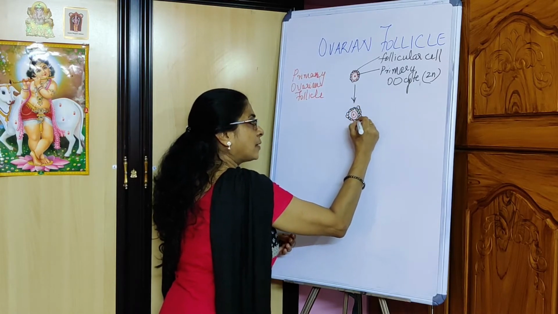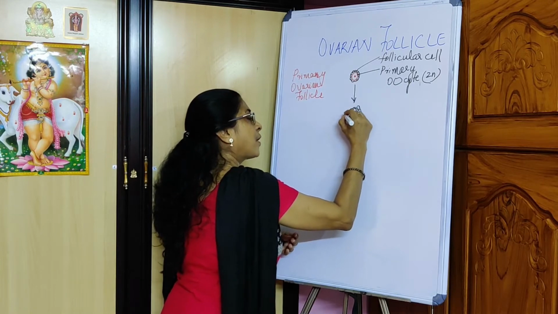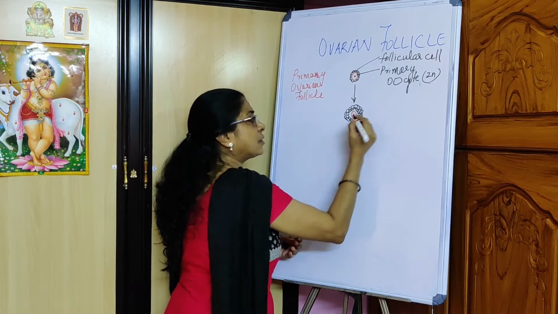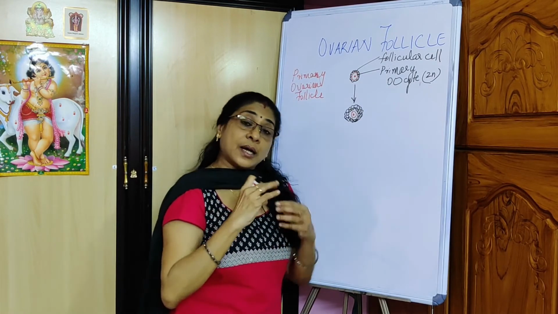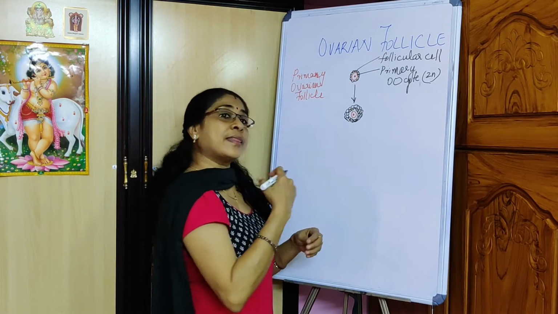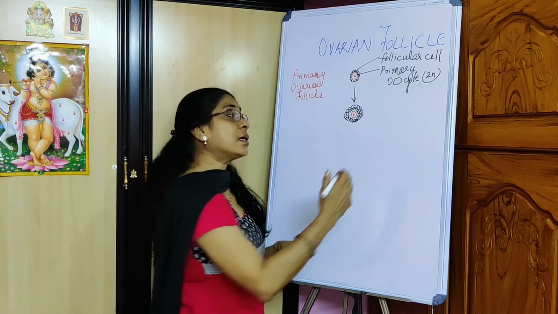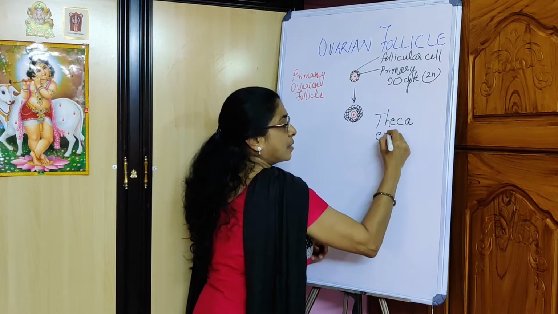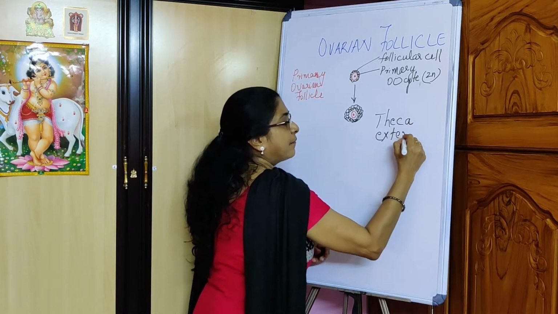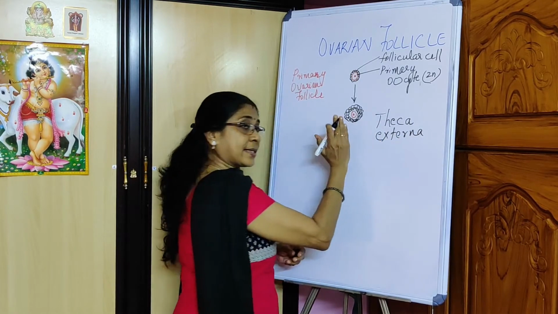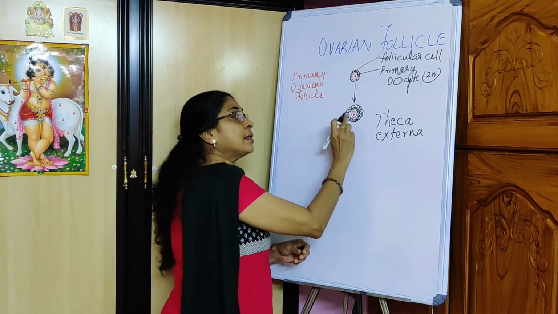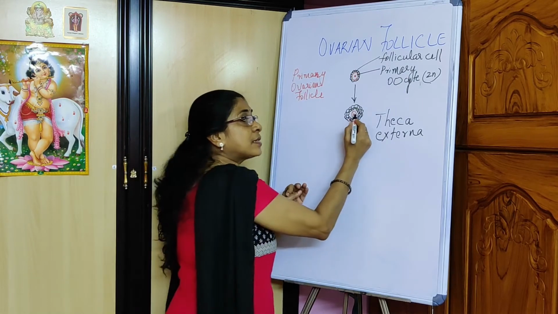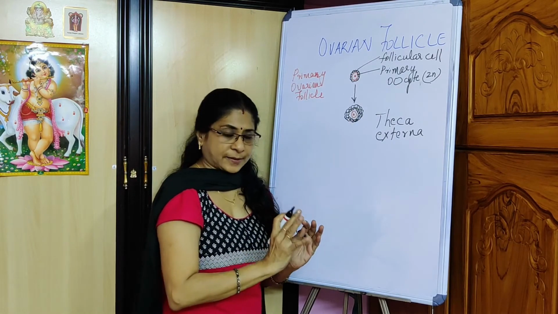Along with two layers of follicular cells, from the stroma there is the consolidation of a layer, and that layer is known as the theca externa. So from the stroma develops a theca externa, and there are two layers of follicular cells. There is still a primary oocyte inside.